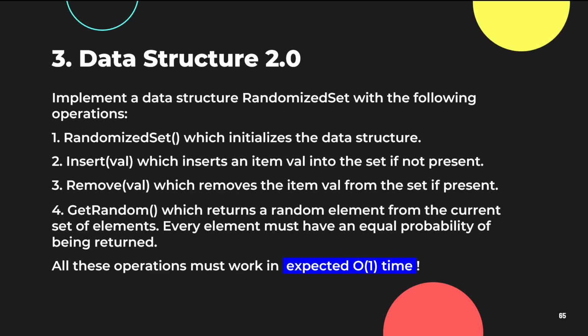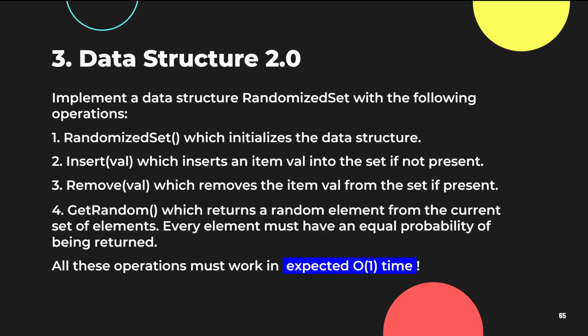So, the two hash map solution. Your first table is going to be integer to value, and the second table is going to be value to integer.